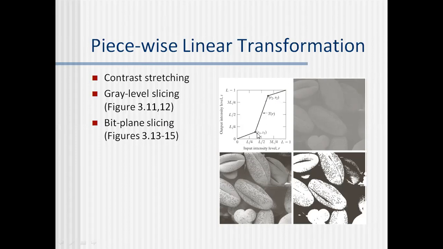From this point to this point, there exist three types of combinations, so-called logical operations: if r1 is less than r2, s1 is less than s2, and r1 is equal to r2, s1 is equal to s2. That means comparison.